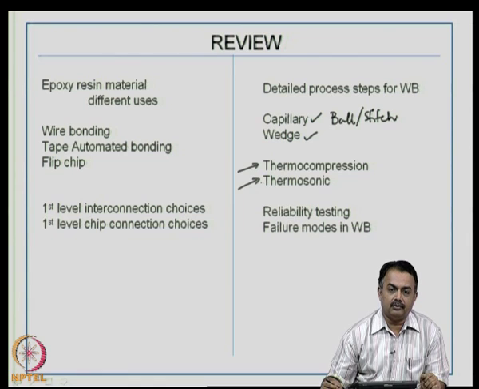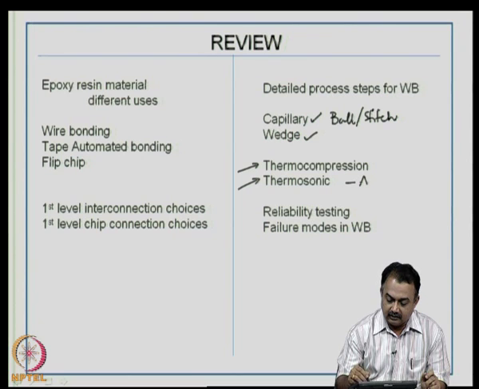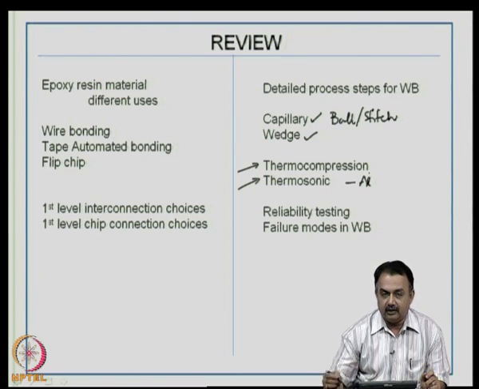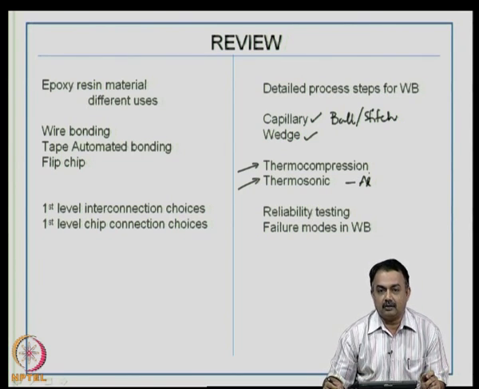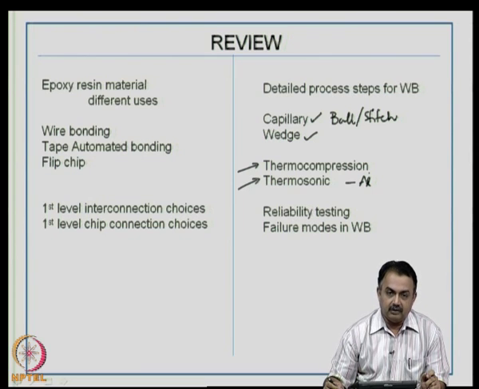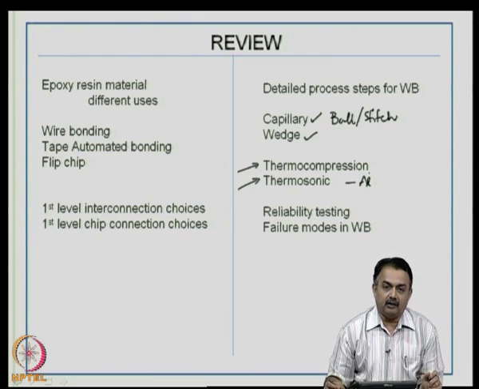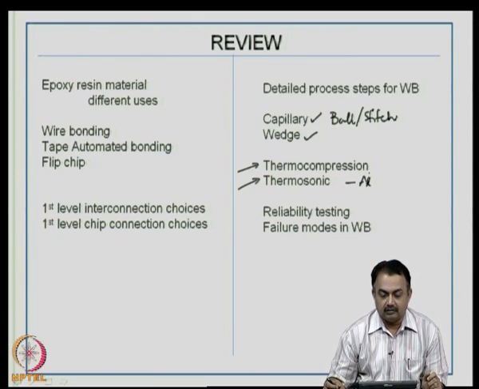Thermosonic bonding would use, in addition, some form of ultrasonic energy vibrations to reduce the temperatures. So, materials like aluminum, if you want to use it as a wire bond material, then you would prefer to go in for thermosonic bonding. So, it depends on what type of equipment you want and what material you would require for that particular application.